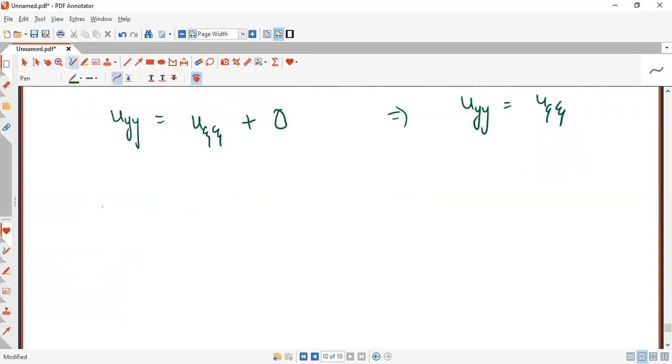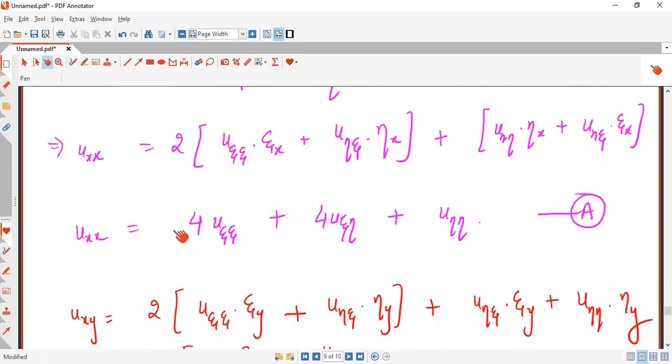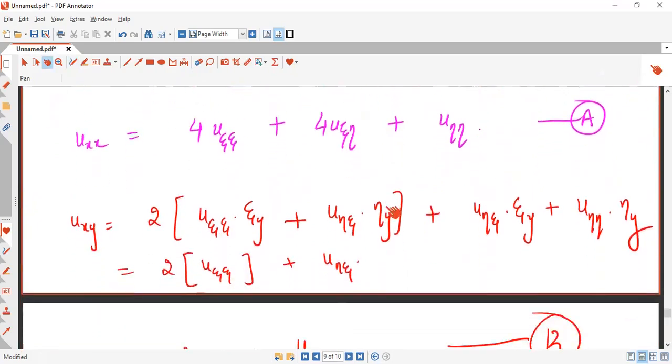The equation is uxx plus 4uyy minus 4uxy equals e to power y, right? So uxx we have done as 4 u xi xi plus 4 u xi eta plus u eta eta.